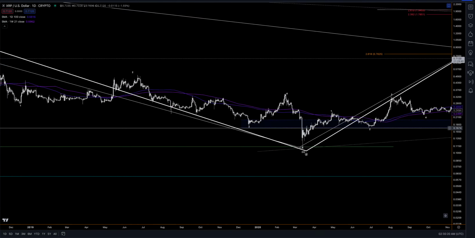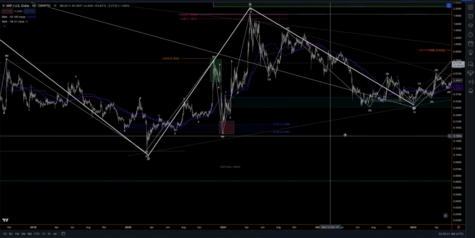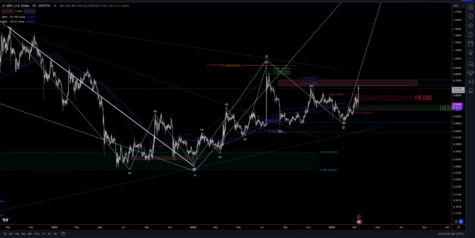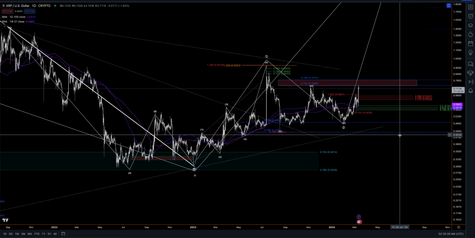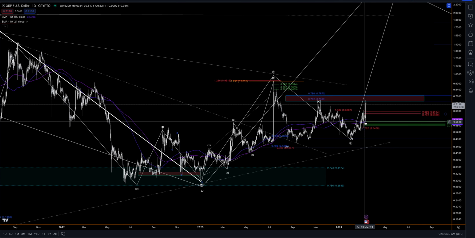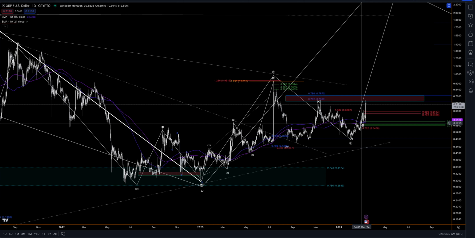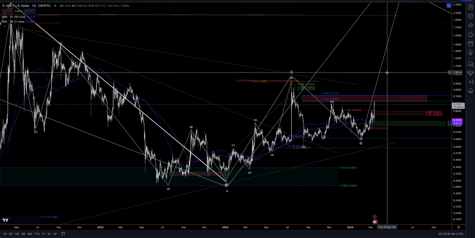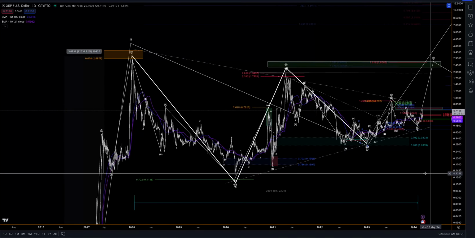Okay, so this 21 week and 100 days is what I'm eyeing right now. And XRP, you can see the momentum has shifted. The fact that we're above this weekly and daily SMA is very important. Okay, so nothing has changed with XRP.